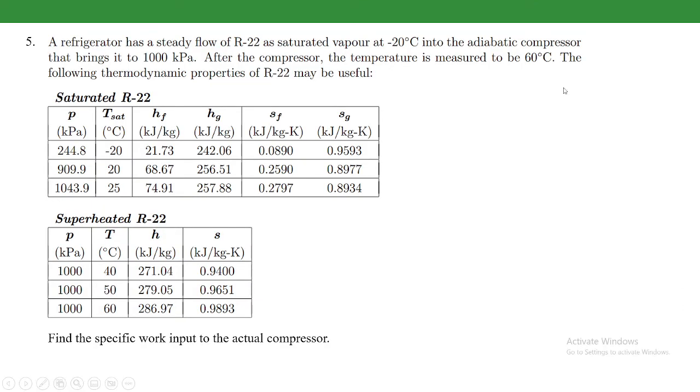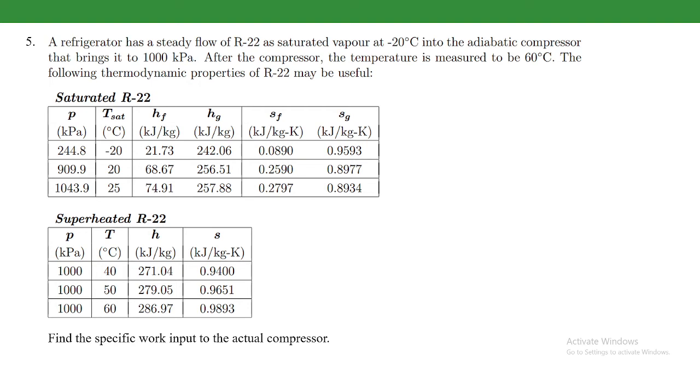Okay. So this is a problem of a refrigerator. Now the refrigerator will be operating on the reverse of this Rankine cycle. So a refrigerator has a steady flow of R22, a refrigerant, as saturated vapor at minus 20 degrees Celsius into the adiabatic compressor.